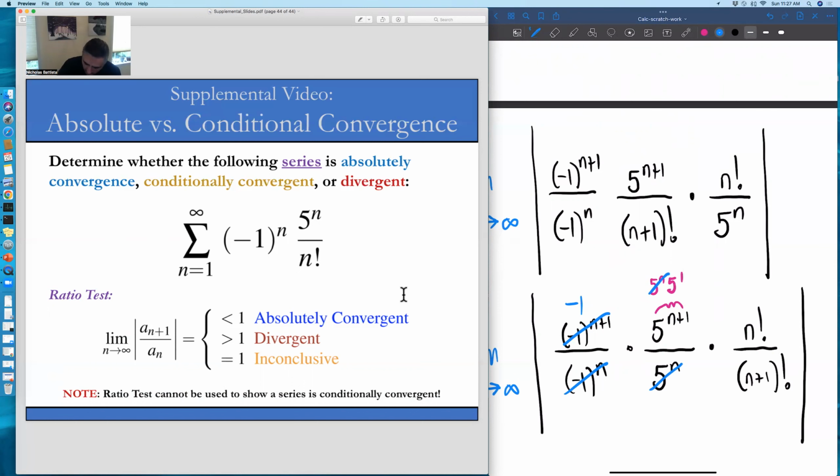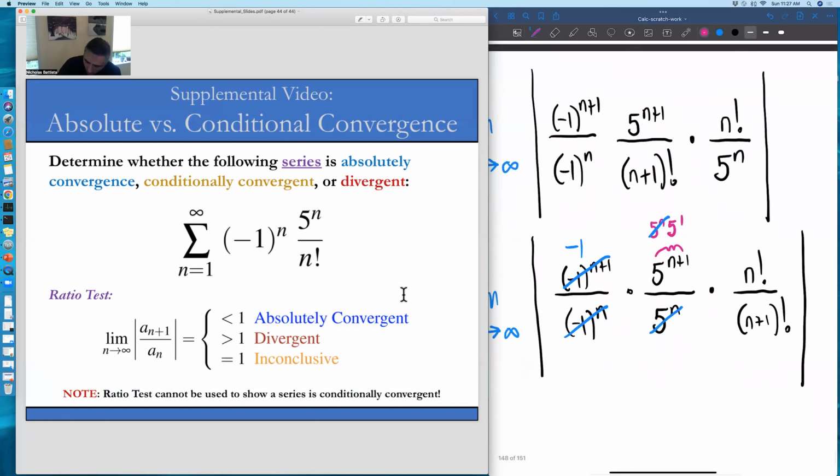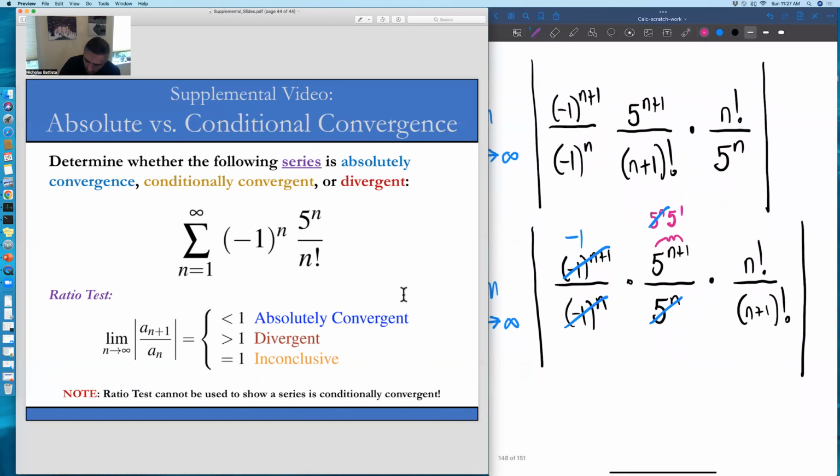Next, what we have is this n factorial all over (n+1) factorial. Using properties of factorials, we could write this (n+1) factorial as (n+1) times n factorial. And the reason for doing that is we can then cancel out the n factorials.